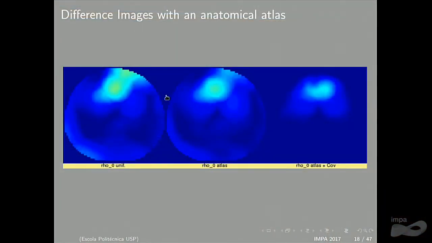And so, one thing that's difficult to capture in the lung is the perfusion of blood. It's a lot more difficult to capture the perfusion of blood than ventilation. And here in the left, we have a Laplacian regularization. In the middle, we have the use of the expected resistivity of a population of pigs.